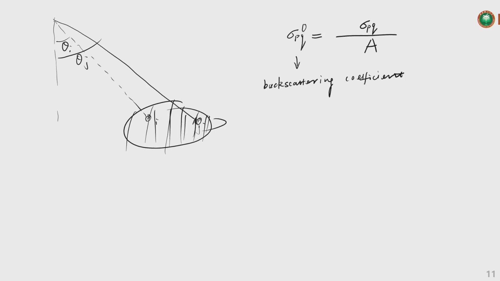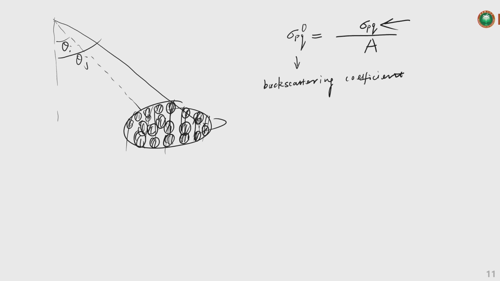So now we get the expressions of the backscattering coefficients for each small element, and then add them together, or take the average of that. You can get the total average cross section.